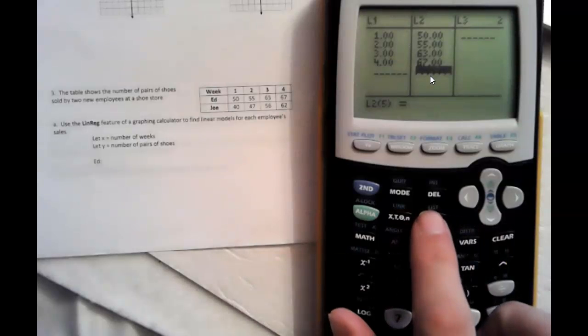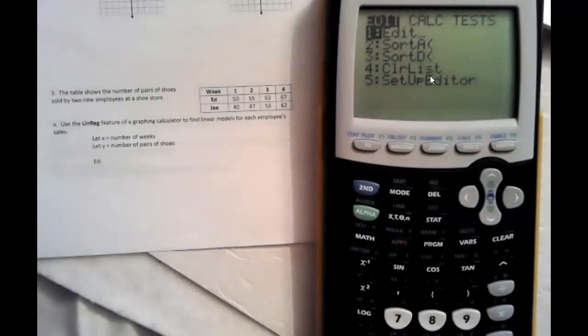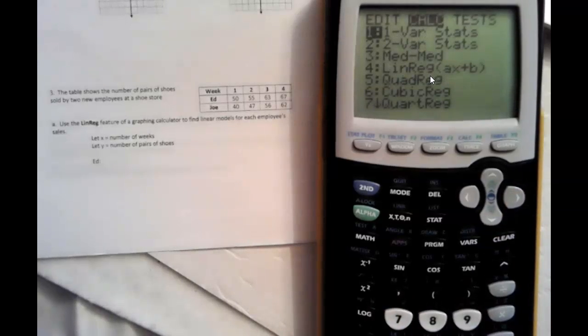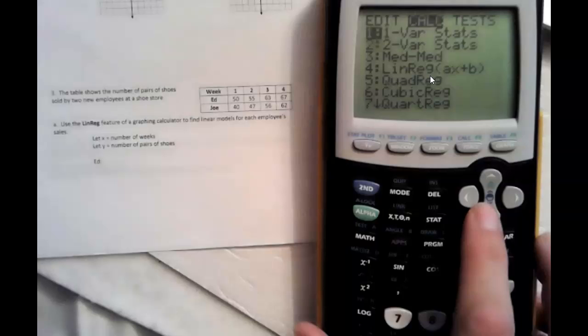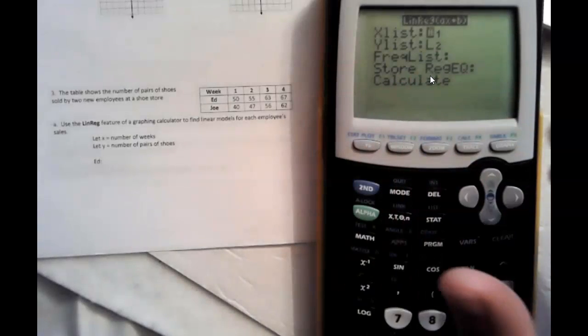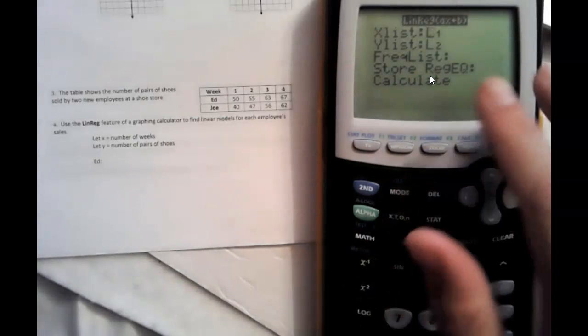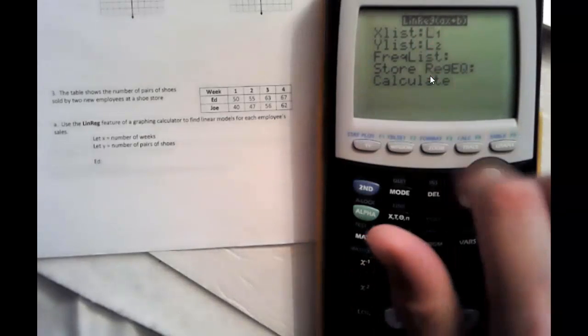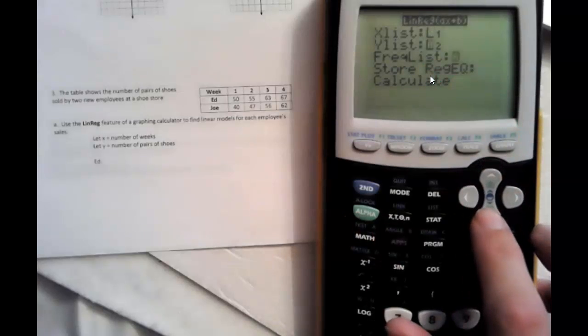And then what we're going to do is we're going to use linear regression. So you're going to go back to Stat. You're going to arrow to Calc. And then you're going to go down to linear regression and hit Enter. If you have the graphing calculators in my classroom, you're just going to hit Enter one more time. If you have a newer calculator, you want to make sure it has L1, then L2, and then you're going to go down to Calculate, and we're going to get our linear equations.